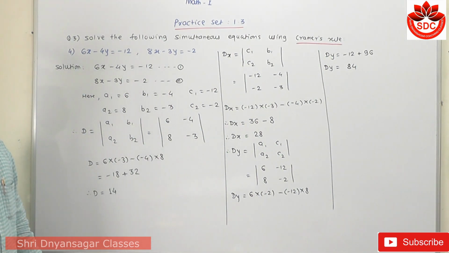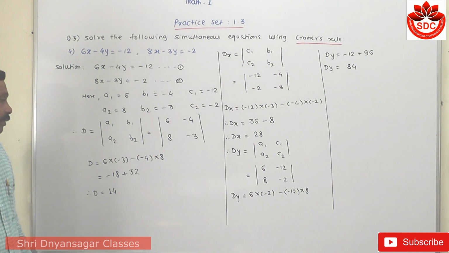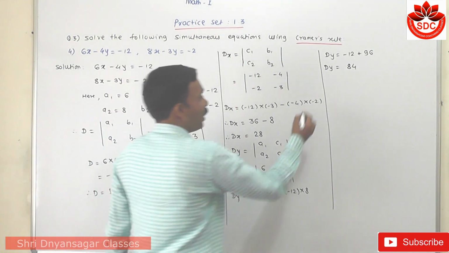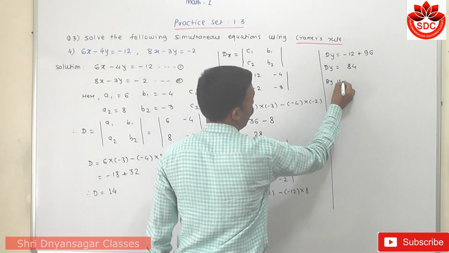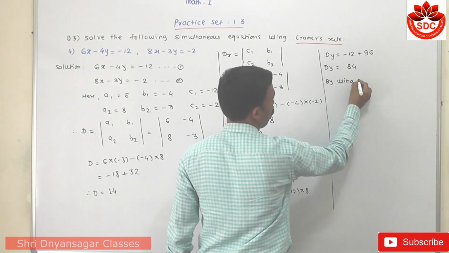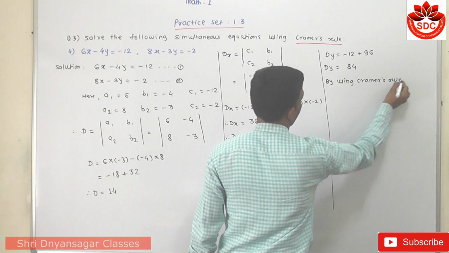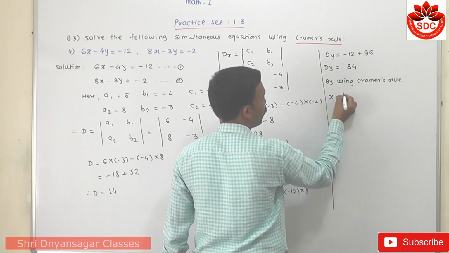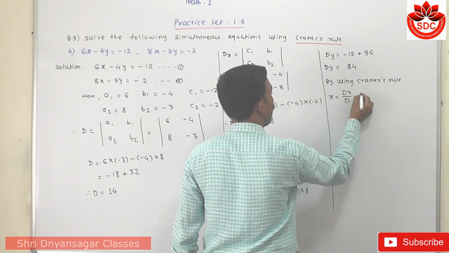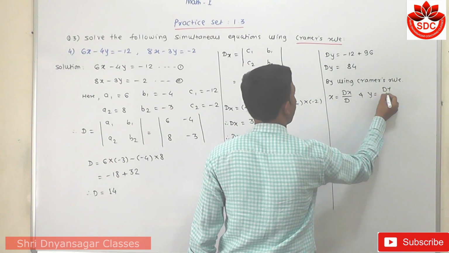This is the determinant of y. Then by using Cramer's rule, we can find the value of x, that means Dx upon D, and the value of y is Dy upon D.